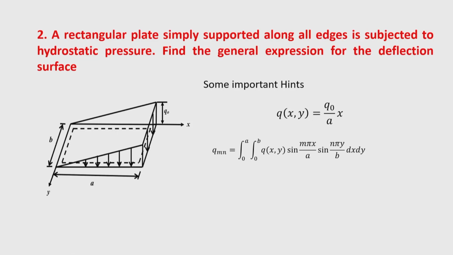Maximum deflection will occur along the line y equal to b by 2, but the x coordinate will be different. So, the x coordinate has to be found by differentiating or making the slope 0, because at the point of maximum deflection you will get slope 0.